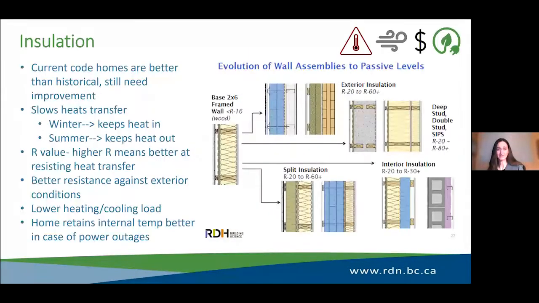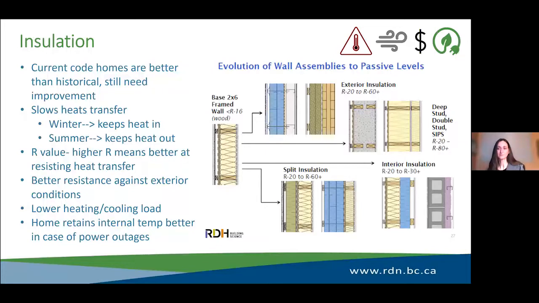So the second to the last part of the envelope I'm going to talk about is insulation. We definitely have insulation in our homes now, but we still have relatively high heating and cooling bills and need a lot of energy to manage the internal thermal comfort of our homes. Insulation reduces the heat transfer through the walls, basement, and roof of your home, buffering the inside from outside temperature swings, which is going to become much more important as we move into a more volatile climate.